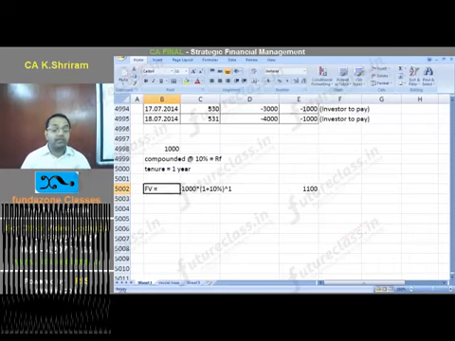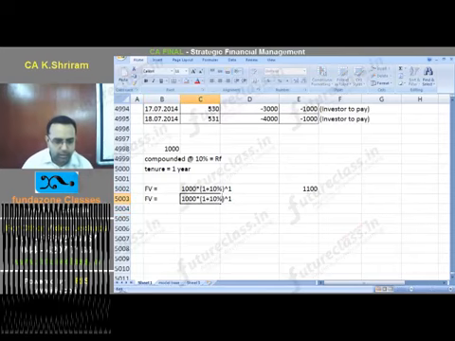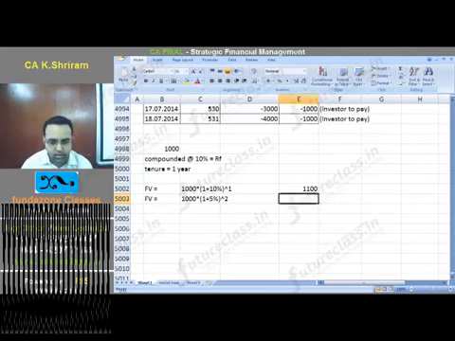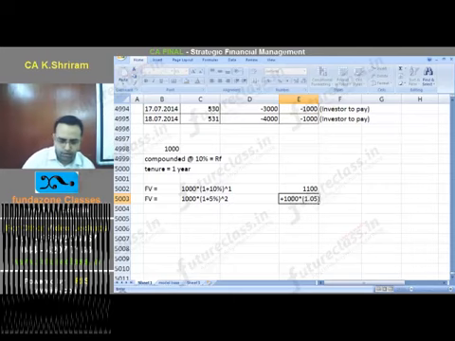If it is half yearly compounded, then the future value is going to be 1000 into (1 plus 5%) over 2. The interest rate will be halved and the tenure will be doubled. Correct? That's what we said. So it is going to be 1000 into 1.05 squared.